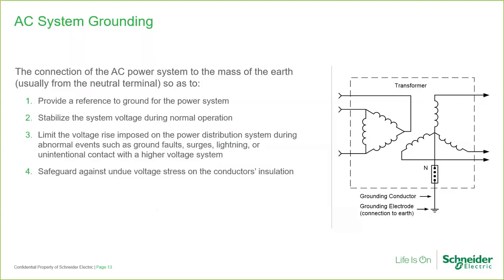AC system grounding is the connection of the AC power system to the mass of the Earth, usually from the neutral terminal, as I'm showing here, the secondary Y connection going through a grounding conductor to a grounding electrode.